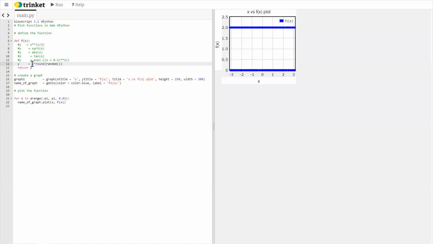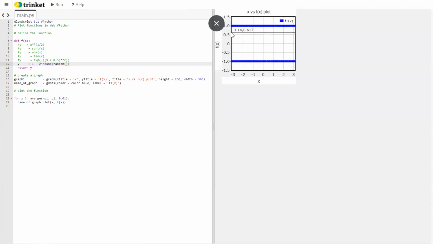And if we subtract this from 1, take note that the second term will have two values, 2 and 0. If the value is 2, 1 minus 2 is negative 1. If the second term is 0, 1 minus 0 is positive 1. So the possible values will be negative 1 and positive 1.